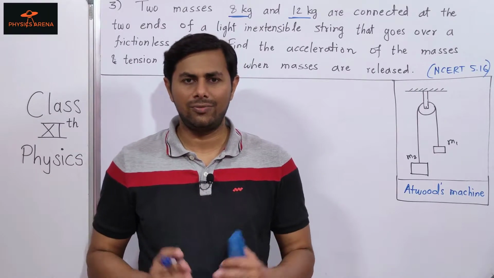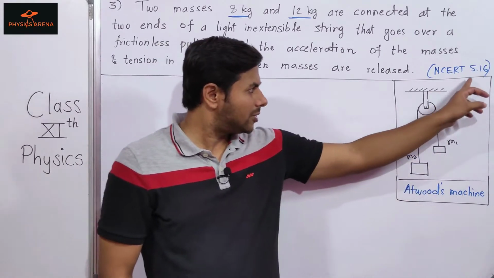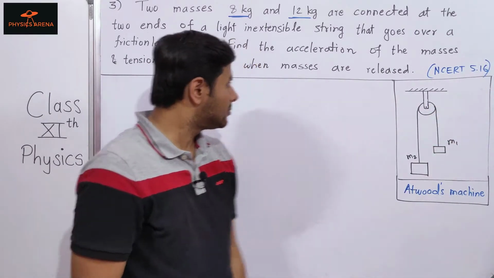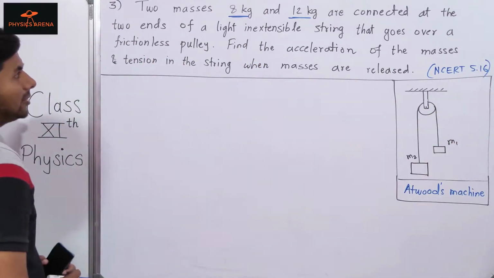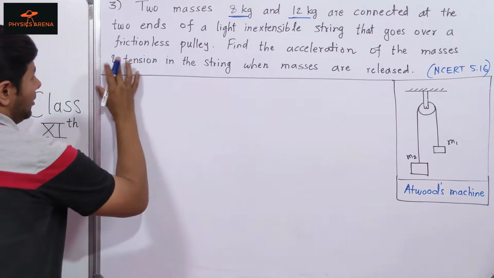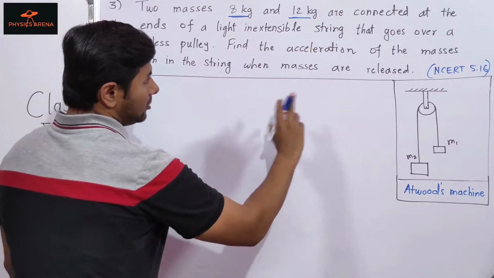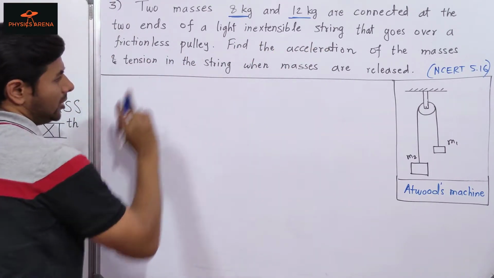Now let's see numerical number 3, which is from NCERT. It's numerical number 5.16. It says two masses 8 kg and 12 kg are connected at the two ends of a light inextensible string that goes over a frictionless pulley.